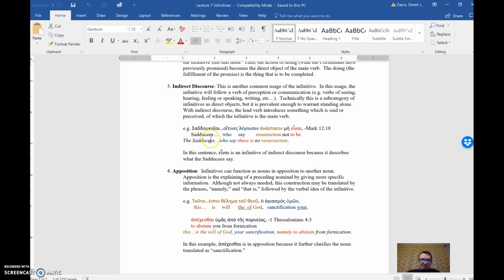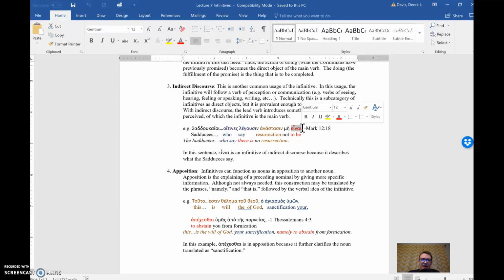Literally, it says, Sadducees who say resurrection not to be. The Sadducees who say, so you'll almost always get this introduction of the phrase who say or who are saying or something like that. And then the verb to be here in the infinitive form, there is how it gets translated. This is a way of introducing what they're saying.